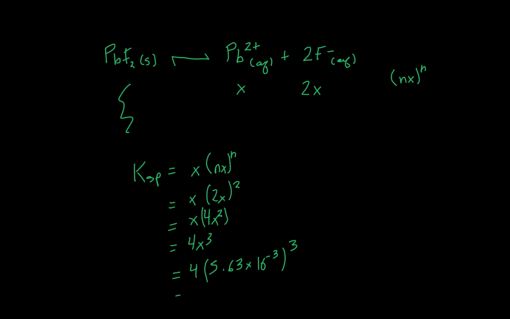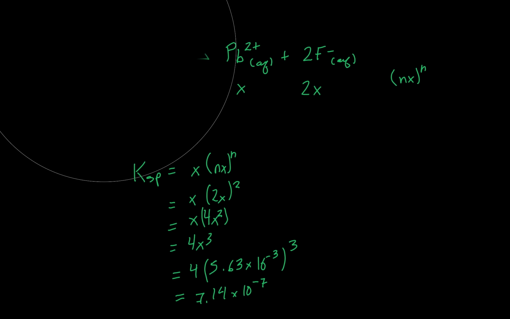All right, and that gives us a grand total of, okay, so 5.63 cubed times 4, and I've got 7.14 times 10 to the negative 7. And there we go. And there's our KSP for this one. All right, last one.